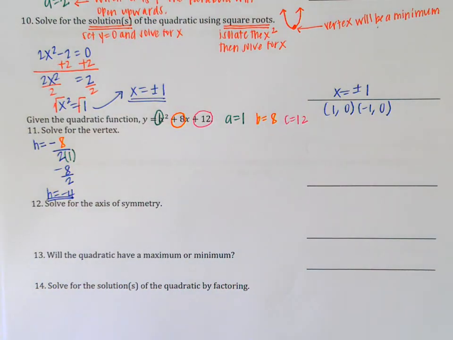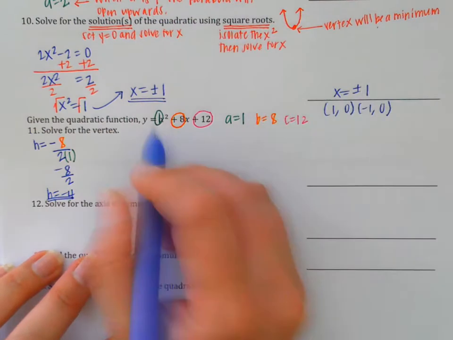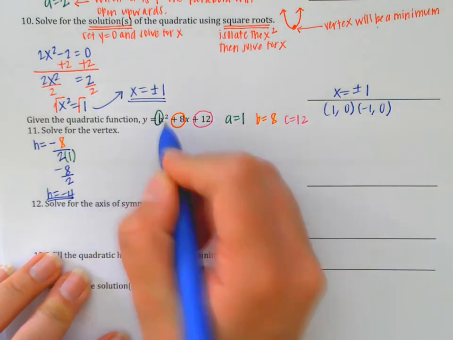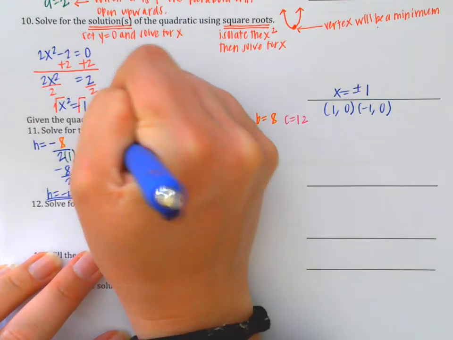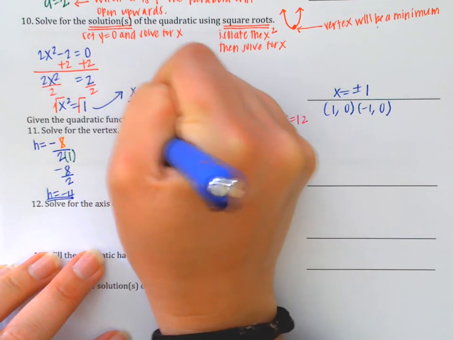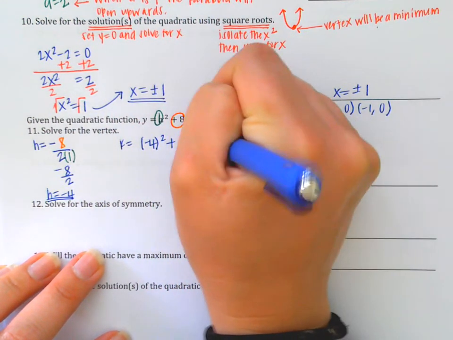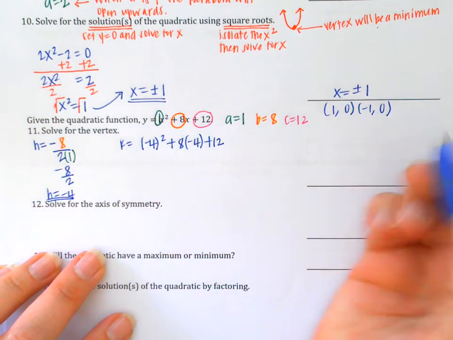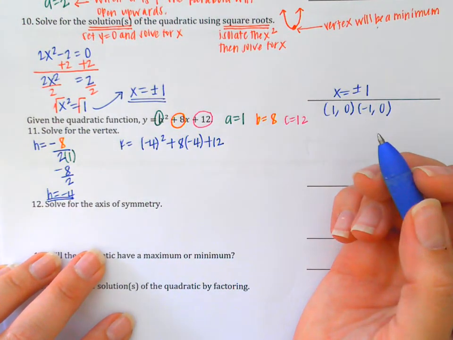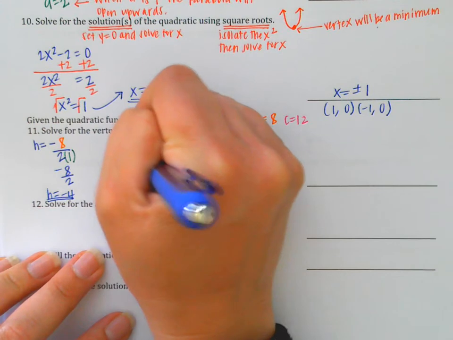Okay, so then to get our k value, we just plug it in. So we plug in -4 for x. So k equals -4 squared plus 8 times -4 plus 12. So we first want to do our exponents. -4 times -4 is a positive 16.